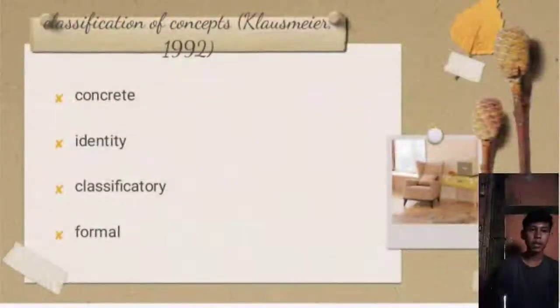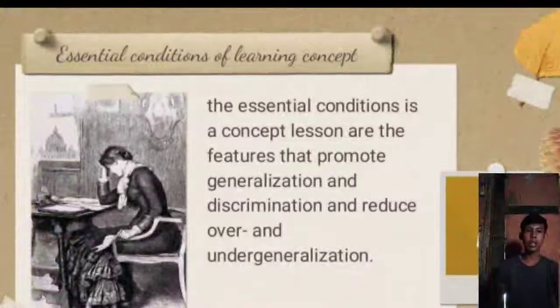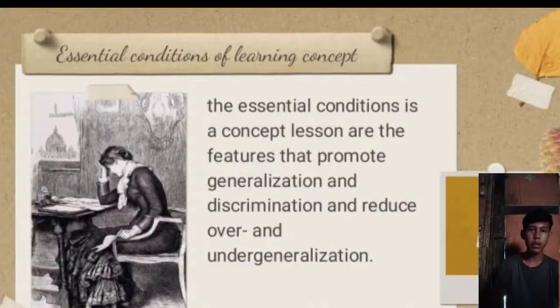Okay, next slide. The essential conditions in a concept lesson are the features that promote generalizations and discriminations and reduce over and under generalizations, although the most critical features of a concept lesson lie in the events within the body of the lesson.